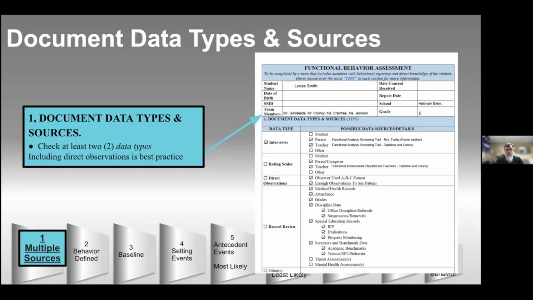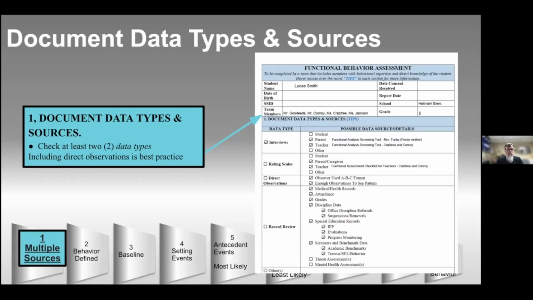And then you could also do record reviews such as current IEPs or current placement decisions, the use of psychologicals, current testing. Look at attendance, you could look at grades, you could look at discipline. Several different types of data you could use as far as record review.